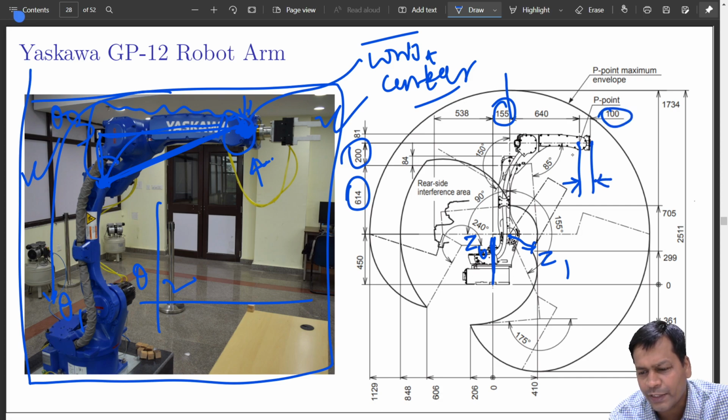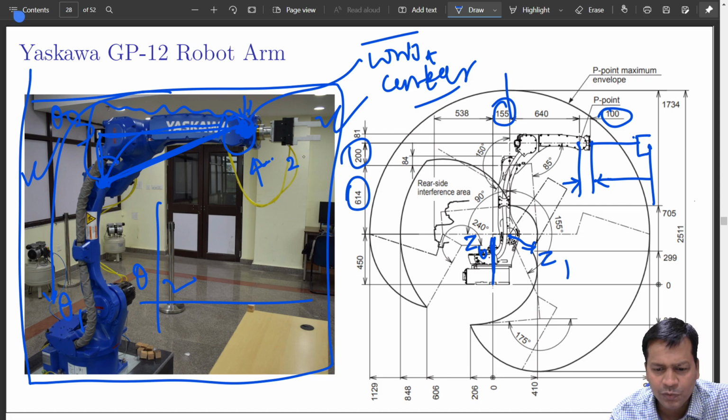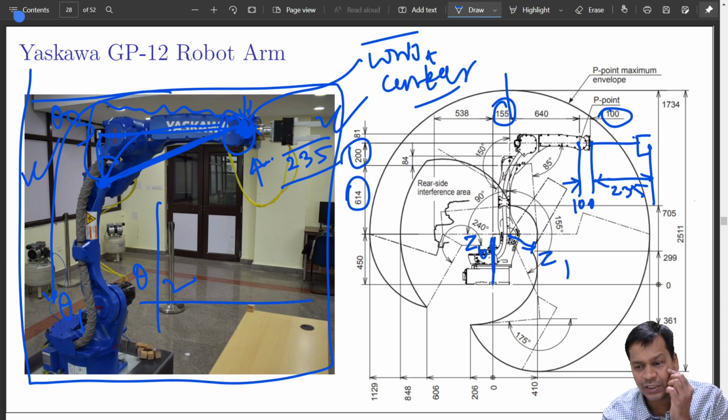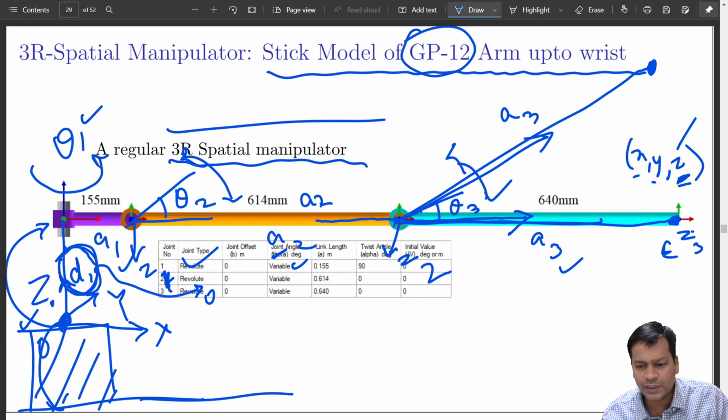Over here it is 100 without the gripper. You may have a gripper attached after this, in which case from here to here there will be some additional distance. In my case, the gripper fitted here makes this distance 235 from the wrist center, and this is 100. So this is that distance d6. Got it? Let me come back to d6 now.